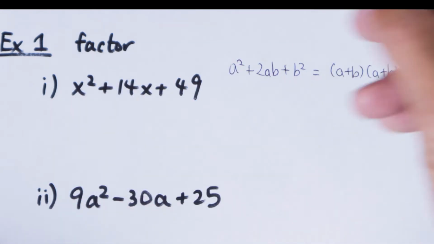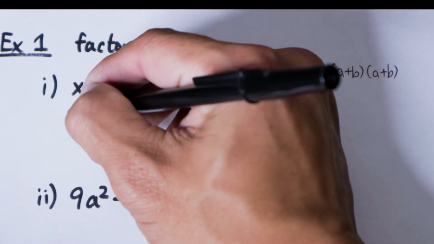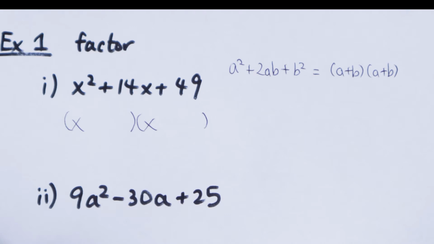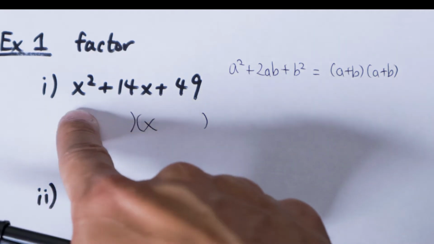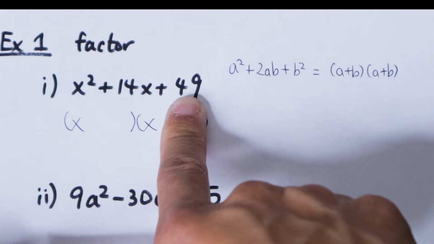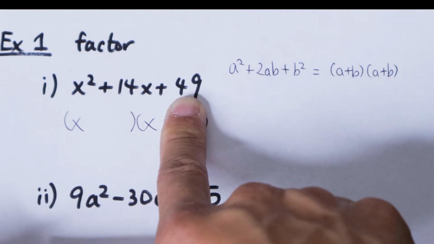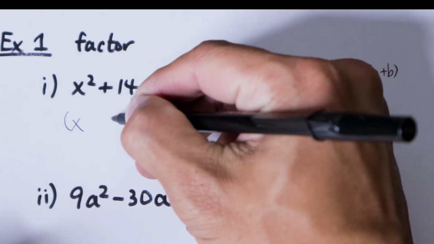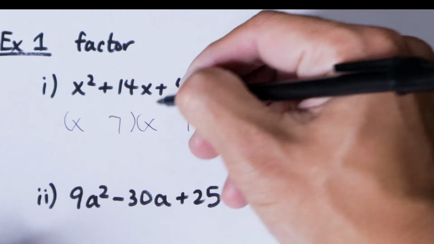If you have x squared, that means each parentheses, when you write your answer, must have x and x, because x times x is x squared. And then 49, well, you're going to find two numbers, which hopefully are the same, that multiply to get 49. Well, there's only one possibility, which is 7 and 7, okay?